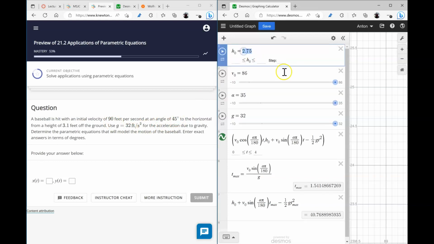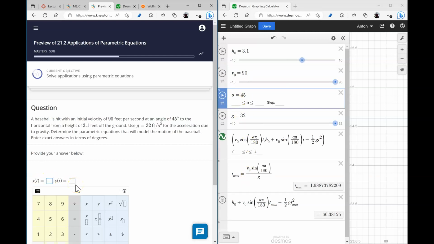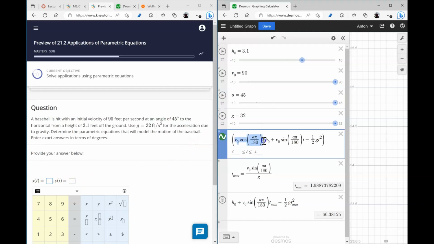So here we have initial height is 3.1, initial velocity is 90, alpha is 45, g is 32, and I'm going to write the equation, so it's going to be this exact thing, right? Instead of v0, I'll type 90. Instead of alpha, I'll type 45.